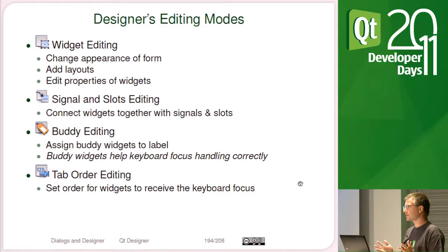Okay, the buddy editing is something which you need when you want to handle the keyboard focus correctly. Let's say you have a spin box with an edit field, a plus and a minus key, so that when you press the key, the spin box behaves correctly.